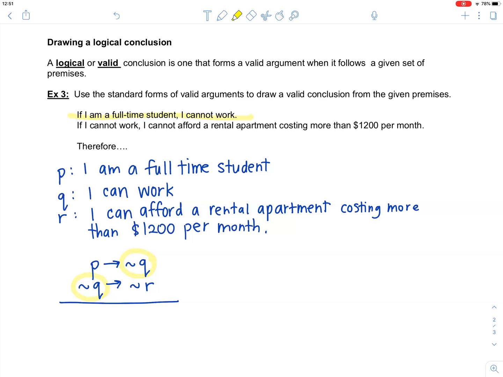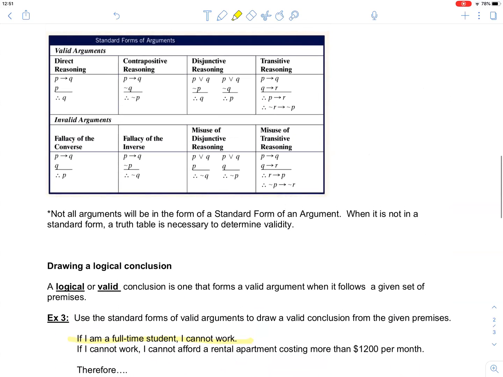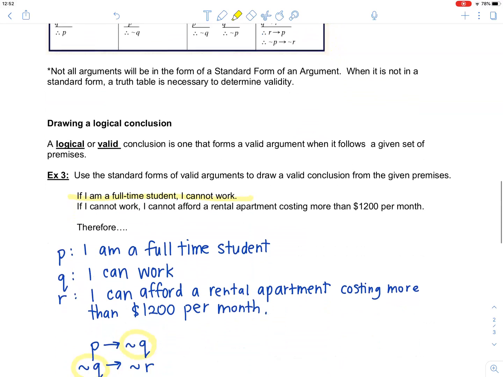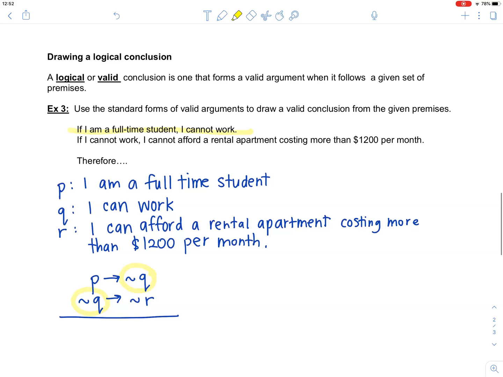If we look to our standard forms of an argument, we want to be looking at the valid arguments only. We can see in transitive reasoning, we have two conditional statements. It doesn't matter that in the chart those are both Q's, and in the example we have here, they're both not Q's.